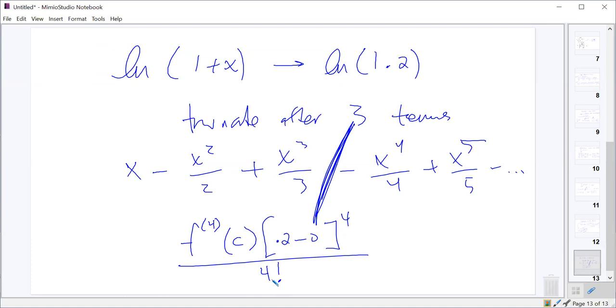We need to find what value of c makes the 4th derivative of natural log of 1 plus x the largest possible value. So we have to find some quick derivatives here.